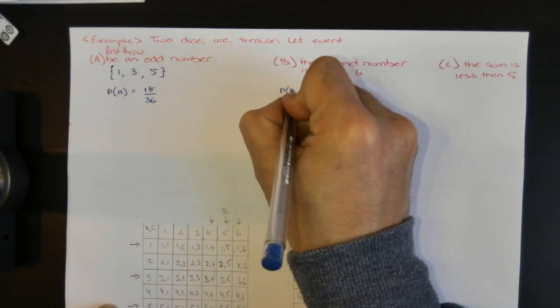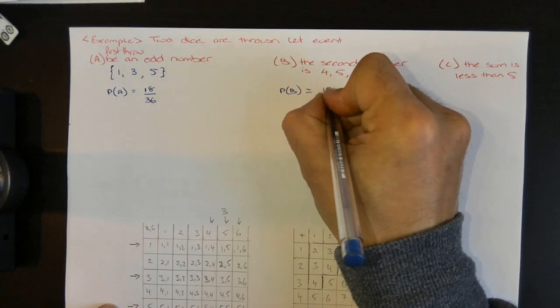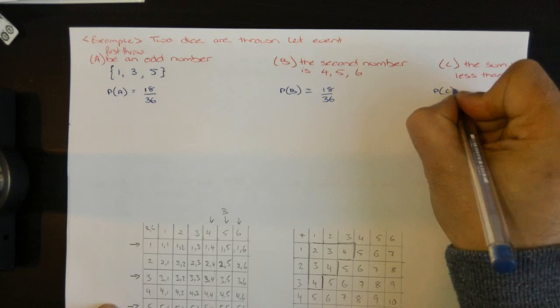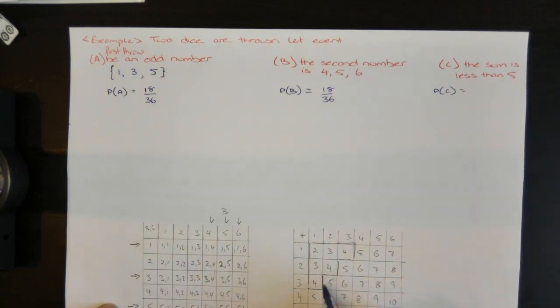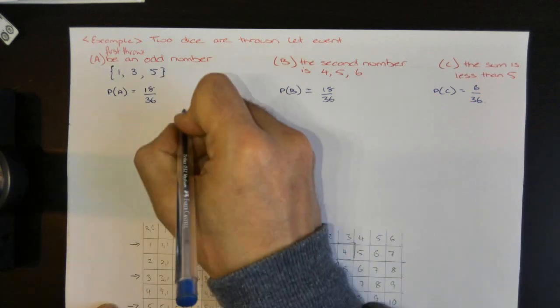Probability of B occurring is the same, 18 over 36. And the probability of C occurring is 6 over 36. Okay.